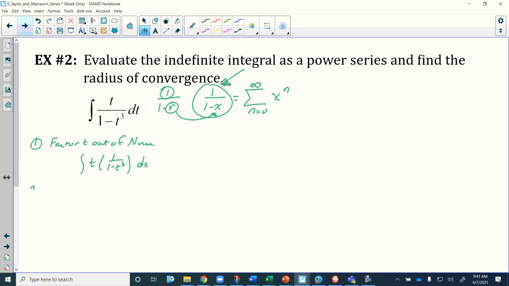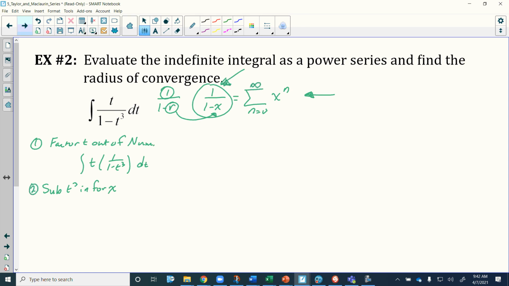Okay? And just like what we've done before, we're going to now substitute the t cubed in for x of the known power series.